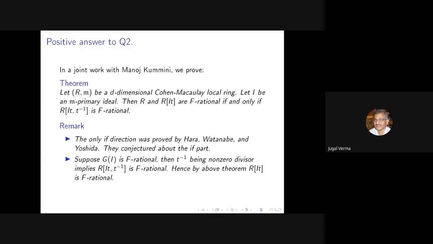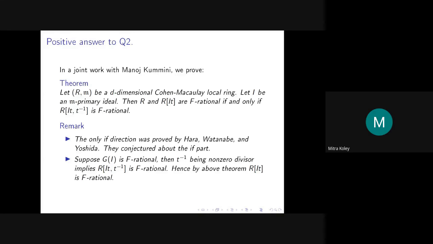There's a question from Sridevi. What about the non-m-primary ideal case? I do not know, even for Cohen-Macaulayness I do not know the condition. I think they are trying to say this for the maximal ideal and then the m-primary ideal, but not non-m-primary ideals.